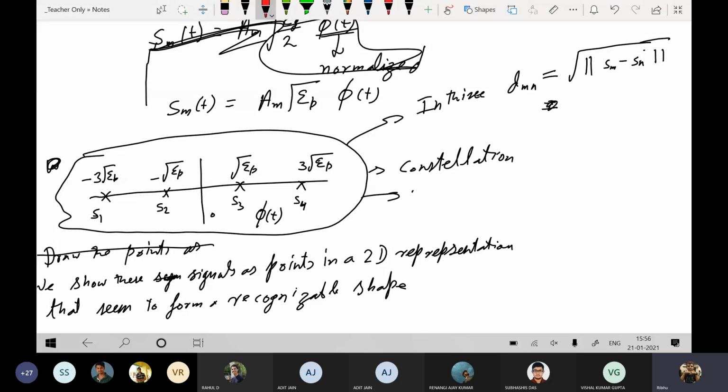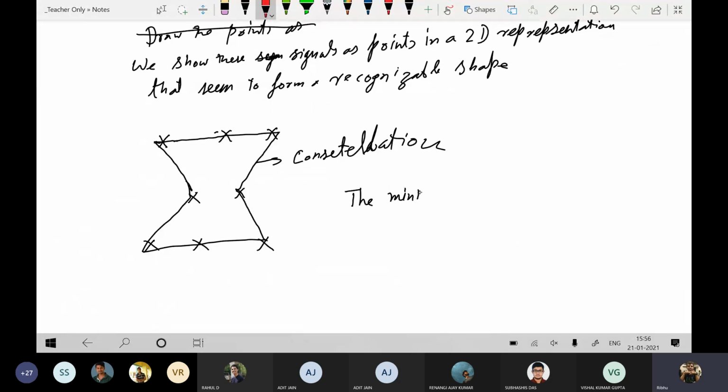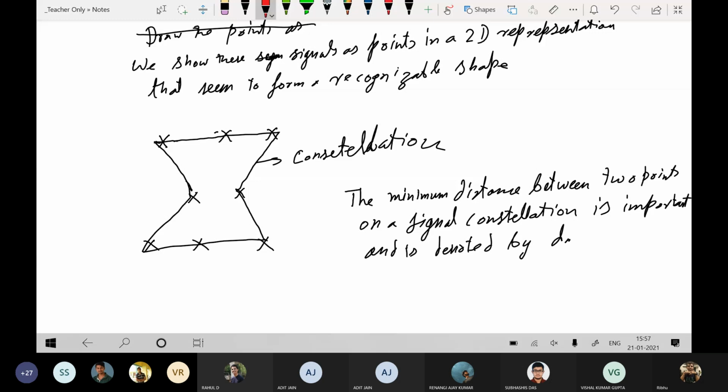So I'll just finish off with this. The minimum distance between 2 points on a signal constellation is important and is denoted d_min.